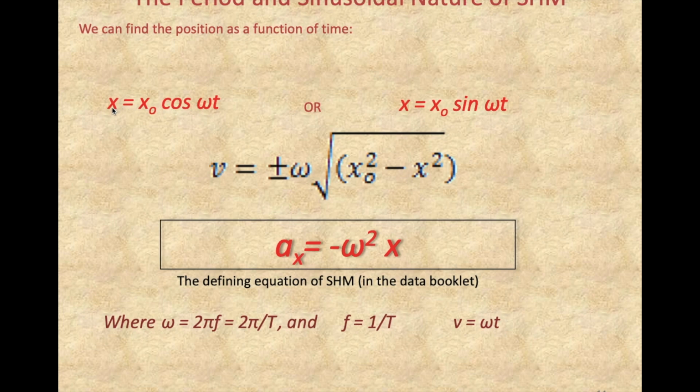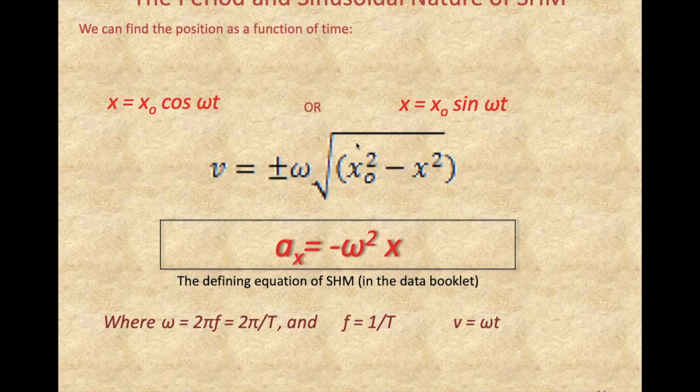If you start observing a mass when it is at its amplitude, which means at t equals 0, x equals x0, that's when this trigonometric function will work for that case. Depending on when you start looking at the object, depending on when you start timing one period, you are able to select the sine or the cosine function for the position.